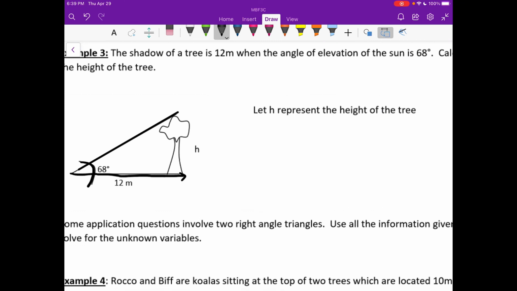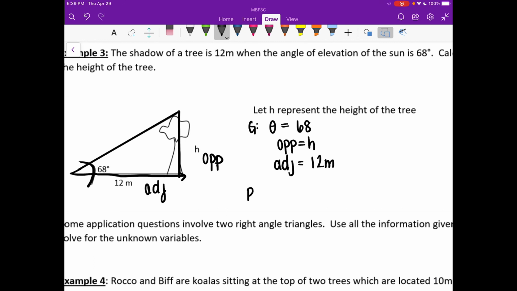Here we can look at this and we can say, okay, do we have the hypotenuse? No, we don't. So we have the adjacent side and we have the opposite side, which is what we're looking for, and we have the theta. So if I was to use my GRASS method, I'm given the theta is equal to 68. I know the opposite is equal to h, which is what I'm looking for. And I know the adjacent is equal to 12 meters.